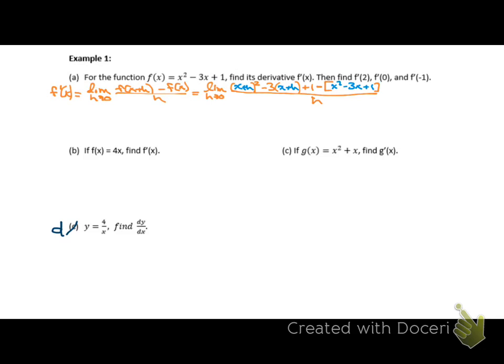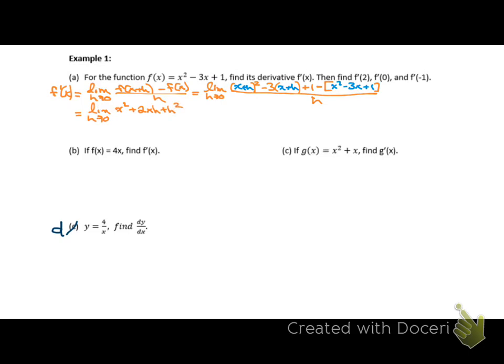So let me write it underneath. We get the limit as h approaches 0. x times x is x squared. x times h is xh, and that happens twice, so plus 2xh, and then h times h is h squared. That's just double distributing.